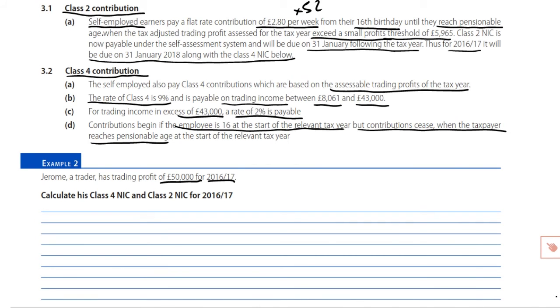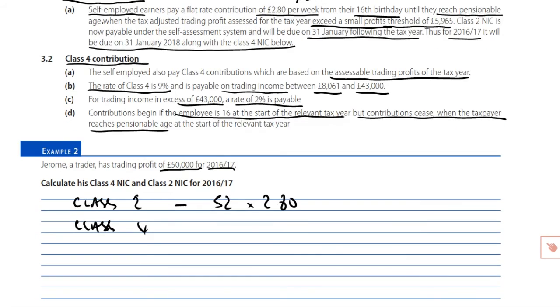Very carefully indeed. Right, trading profit £50,000. Now, Class 2, as we've said, again assuming you traded throughout the year, that will just be 52 weeks times £2.80. Class 4 NIC is the main one that we will need now to compute.